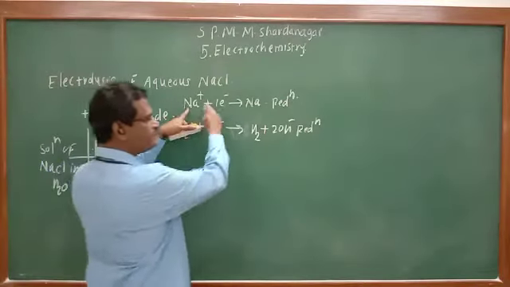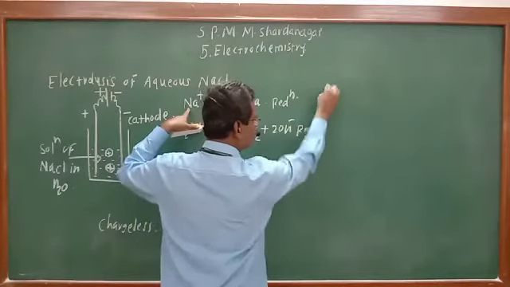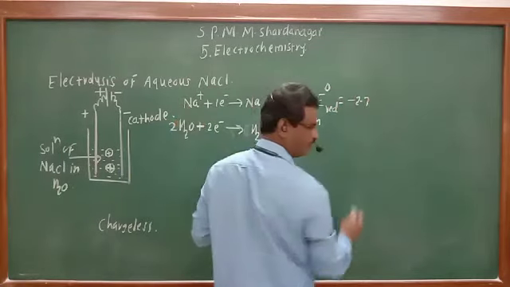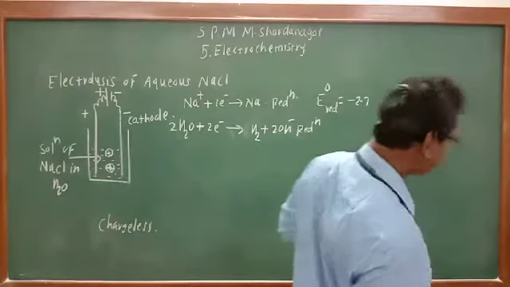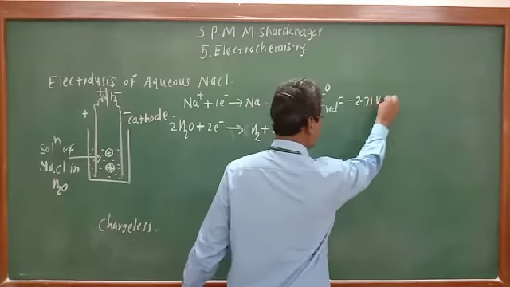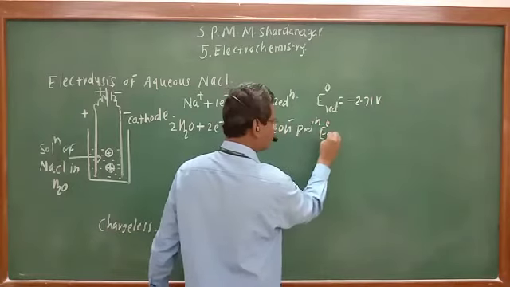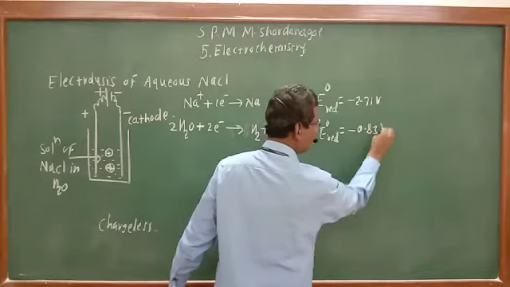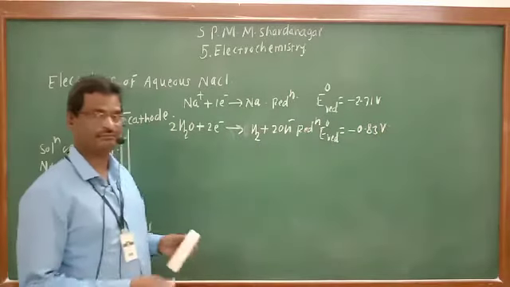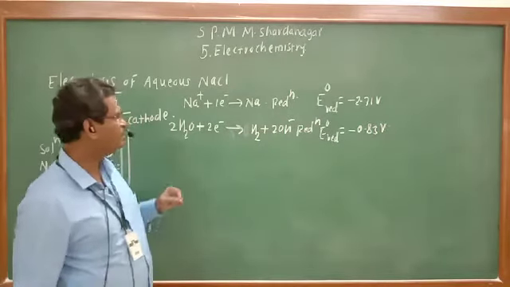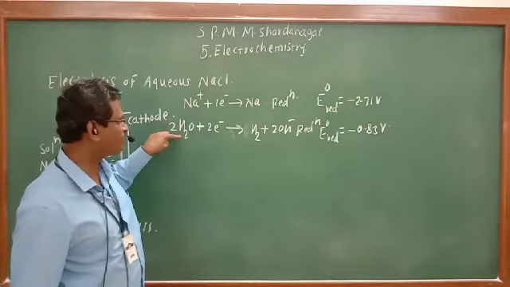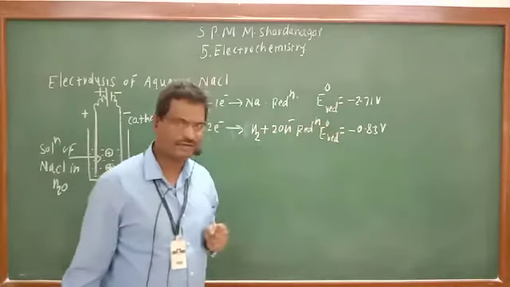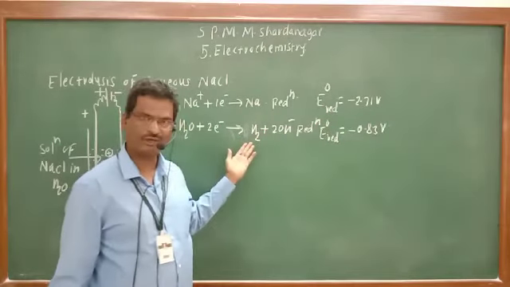The reduction potential, E0 reduction, of sodium is minus 2.71 volt, and E0 reduction of water is minus 0.83 volt. Which one is greater, sodium or water?